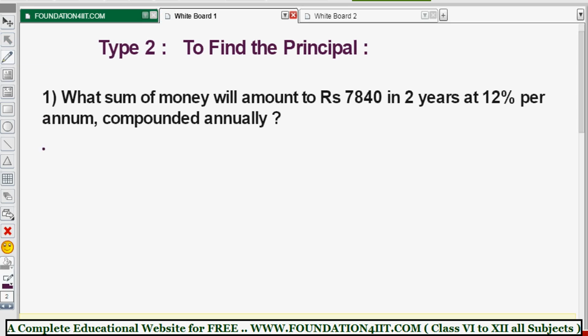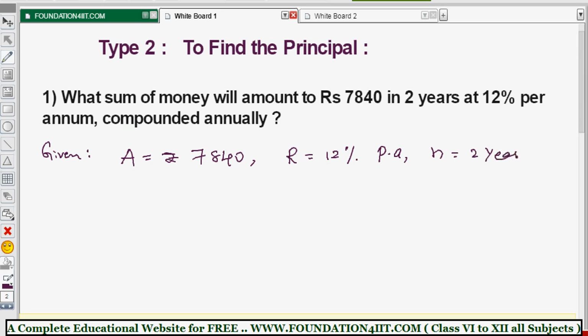Here, if you write the given data from the question, the amount is given, right? So the amount is equal to, if you write the given data, then we will get a clear idea about what formula you need to apply. The amount is rupees 7,840 and the rate of interest is 12% per annum, and time is equal to 2 years, that is n is equal to 2 years.